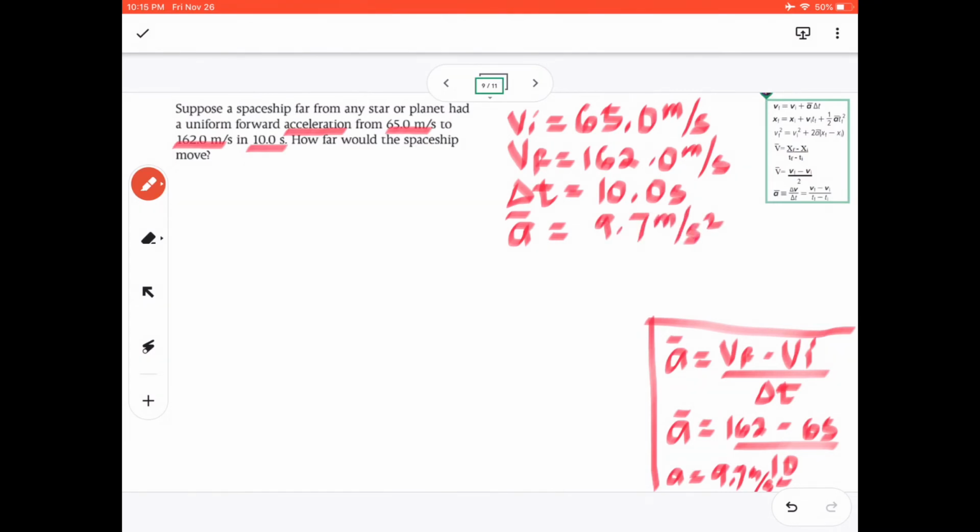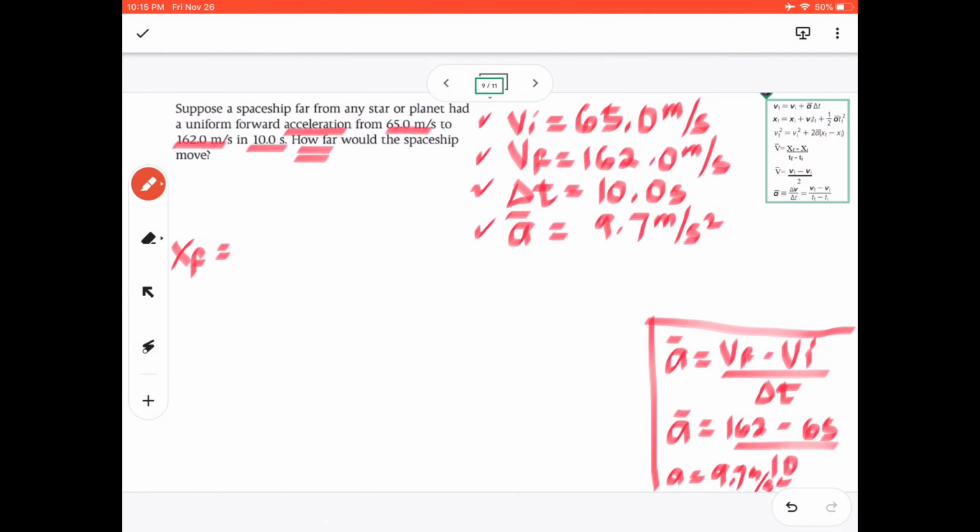Now how far would the spaceship move? We need xf. Using these given Vi, Vf, delta t, and A, which formula would fit this question?